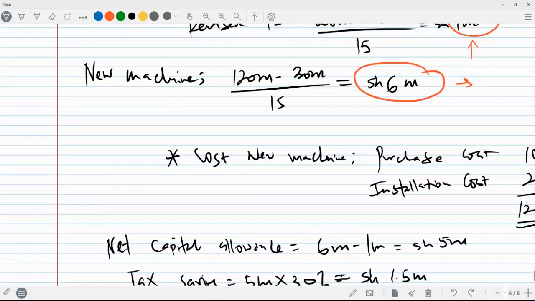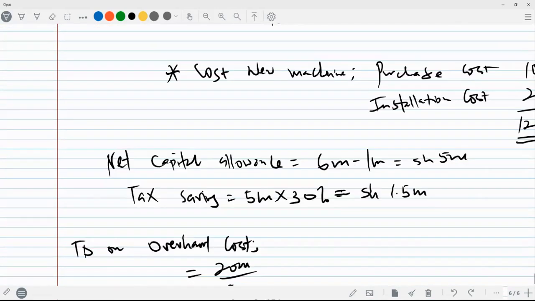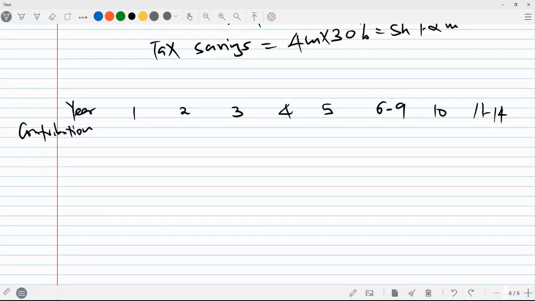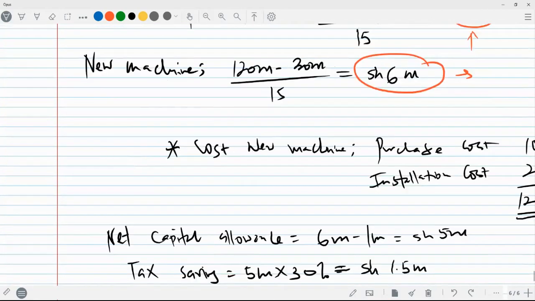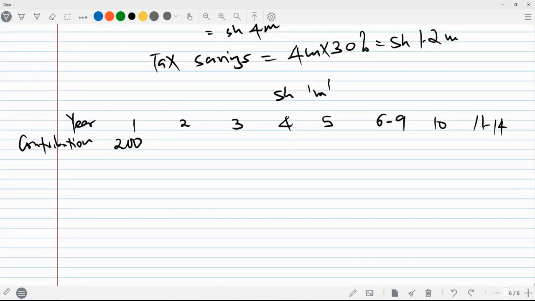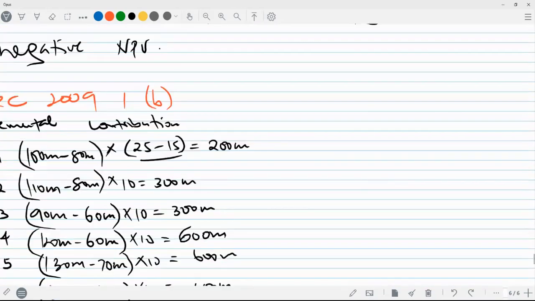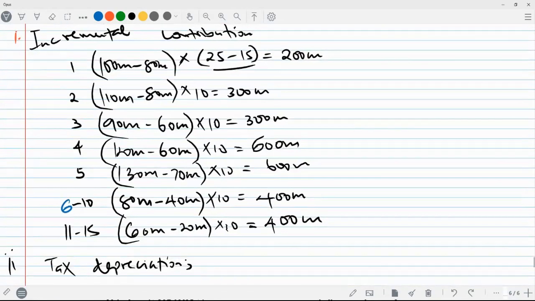Year 1, we have done the working already: 200 million. We'll have them in millions of shillings because I may not have enough space here. 200 million, year 1. Year 2, 300 million. Just to replicate these figures.